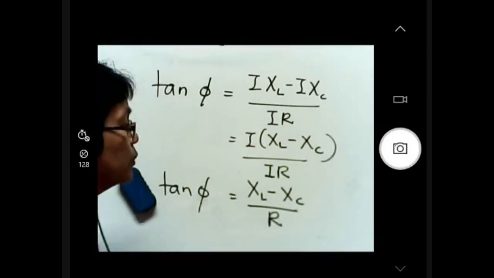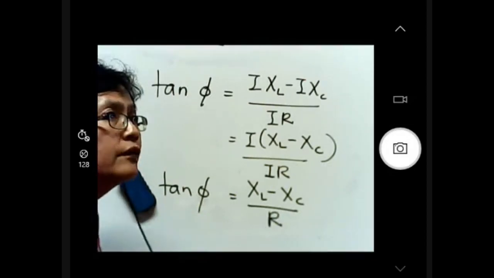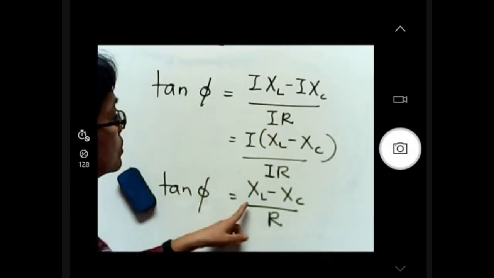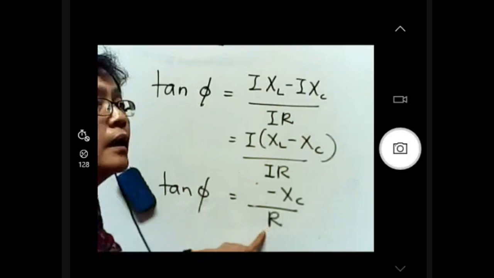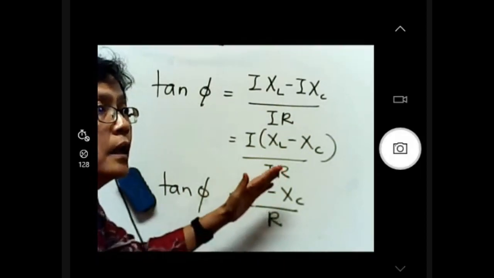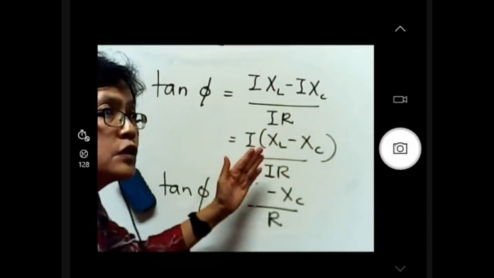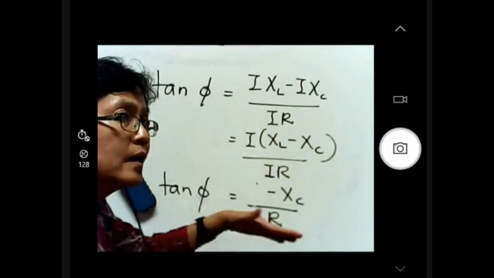Meaning, if you have an RC circuit, that means you don't have inductor in the circuit. So your equation will become negative XC over R. Why negative? Because negative is clockwise, below current. Meaning it is below current or lags current.